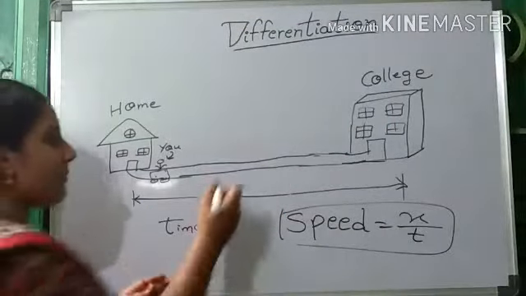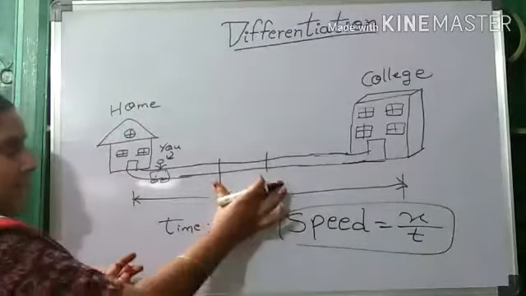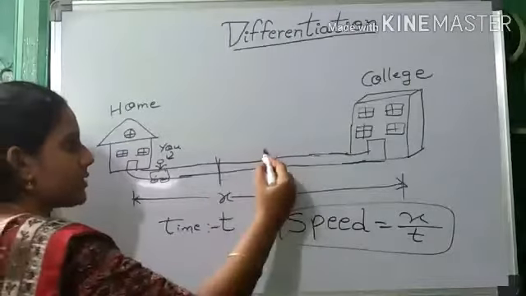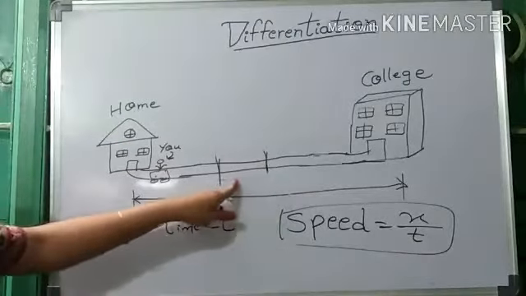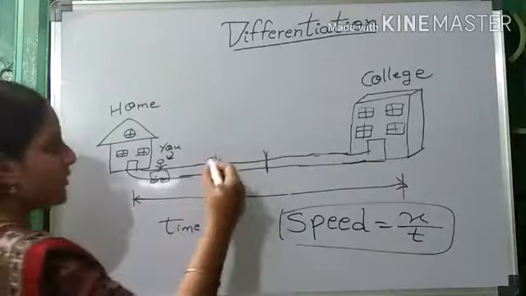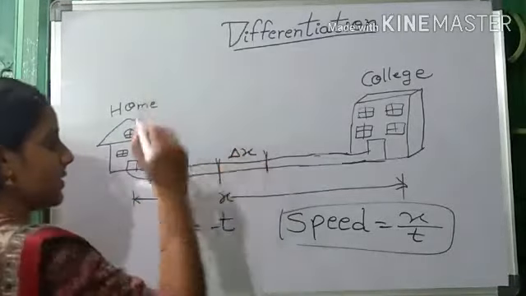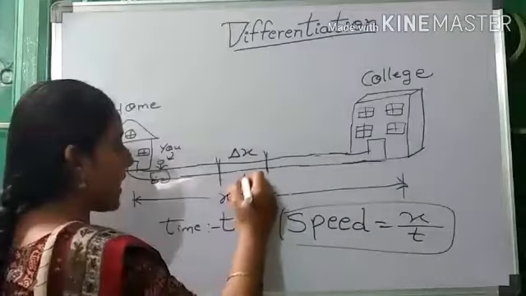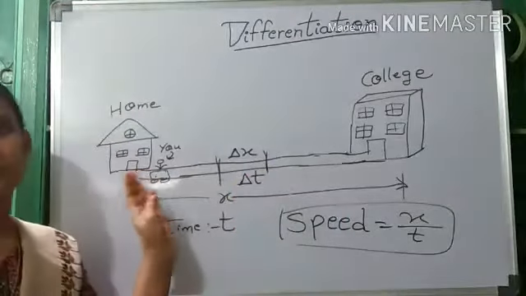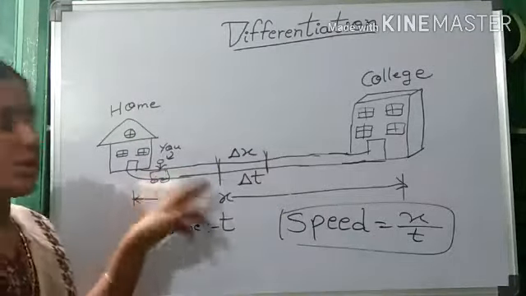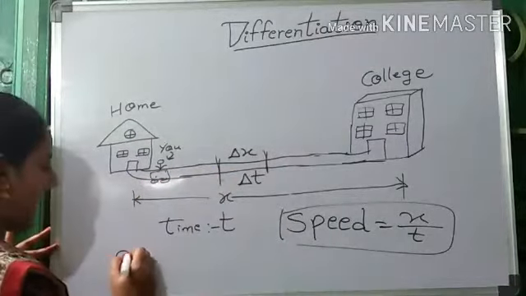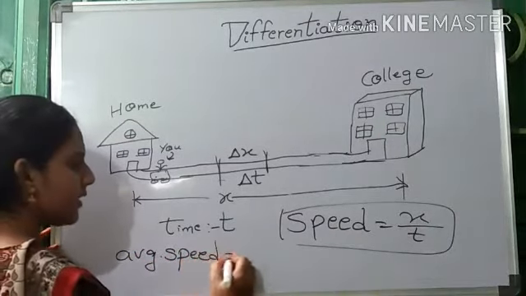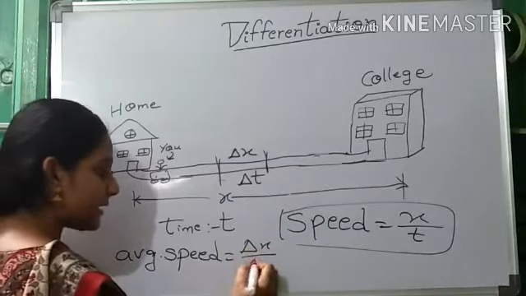This is a long distance. So let us consider some part of your journey. Let us consider a bridge, between the starting point and the ending point of the bridge. Let the length of the bridge be delta x, and the time taken to cross the bridge be delta t. Then the average speed when you are crossing the bridge would be delta x by delta t.